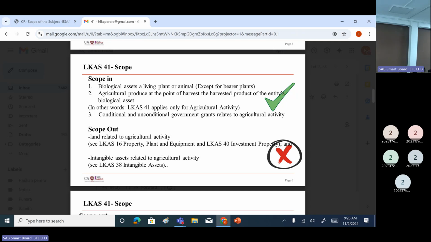If you have a mango tree it will be treated under LKAS 16, right? Harvested mango will be treated under LKAS 41. After transporting harvested mango to the jam manufacturing company, that will be considered LKAS 2 inventory, maybe materials for jam manufacturing.